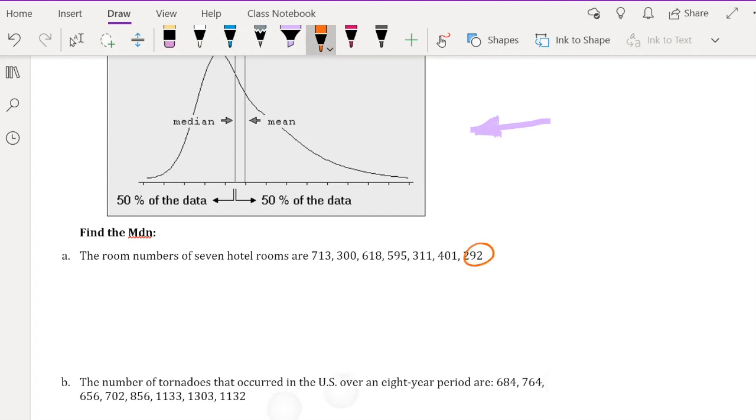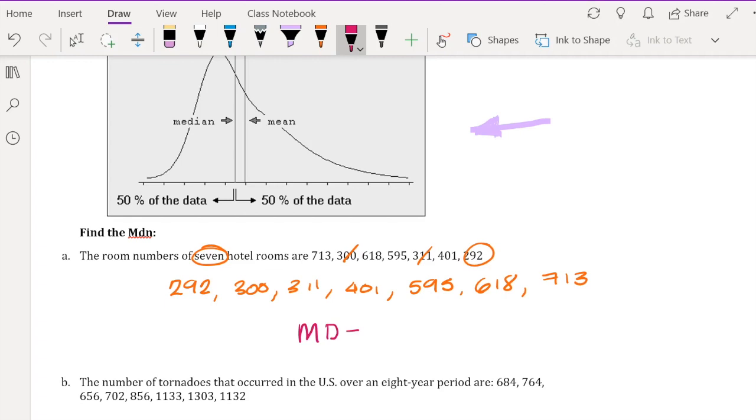So this is the smallest, 292, 300, then 311, 401, 595, 618, and 713. Cool. So how many data points do I have? I have 7. That's an odd number of data points. So that tells me that the median would be 401. This value here. The value exactly in the middle of that distribution.